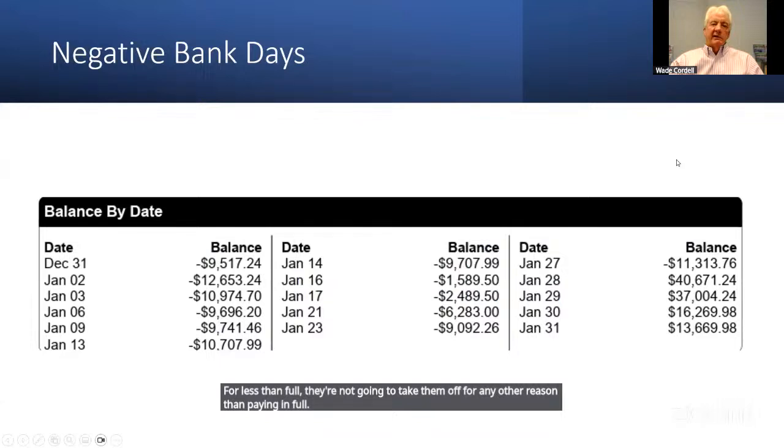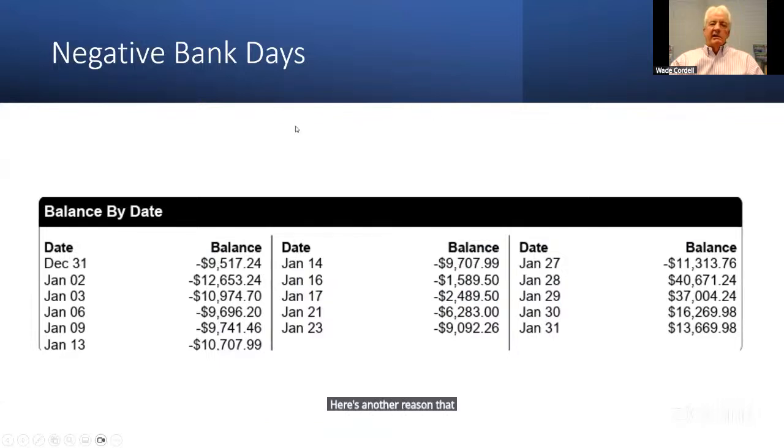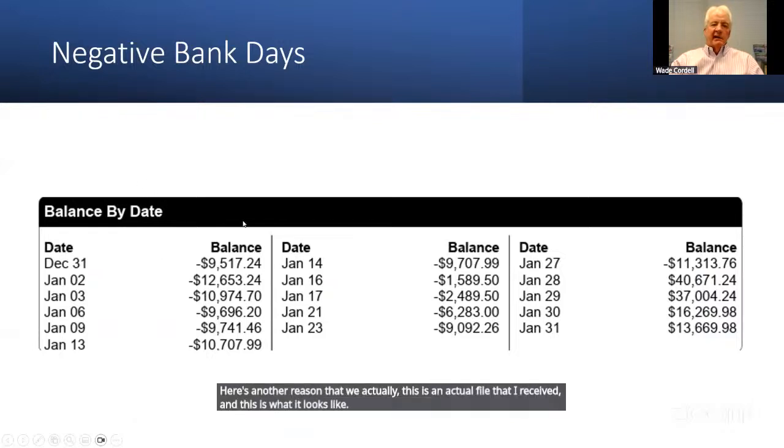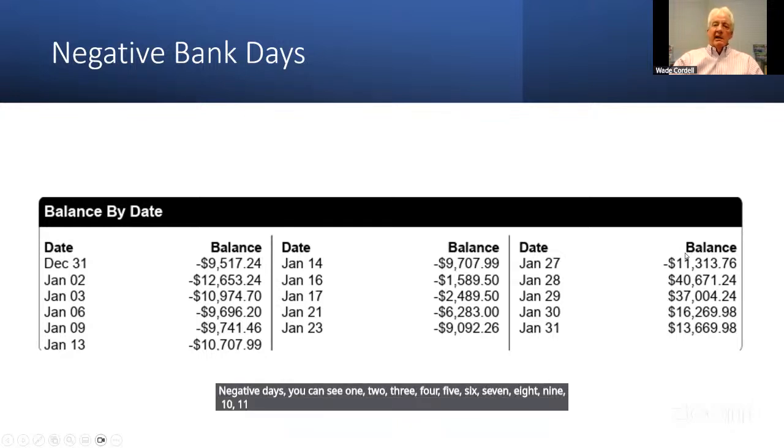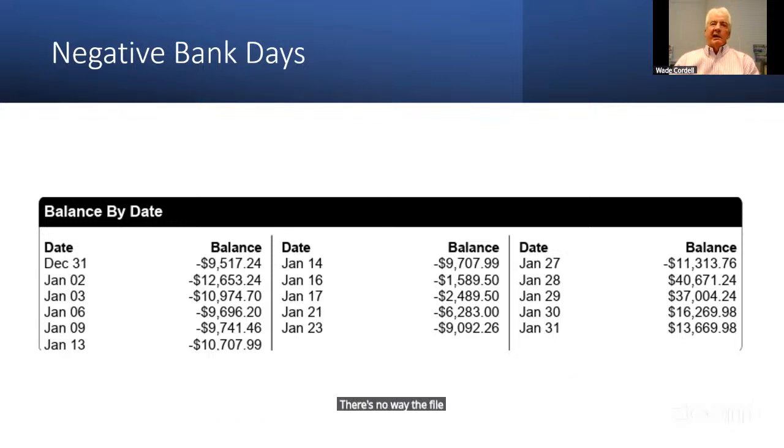Here's another reason. This is an actual file that I received, and this is what it looks like. Negative days, you can see 1, 2, 3, 4, 5, 6, 7, 8, 9, 10, 11, 12 negative days in the month. That means 12 out of 20 to 21 days in that month. There's no way the file could have been paid on, because it's either daily or weekly payments.